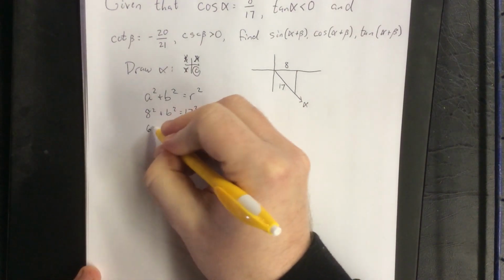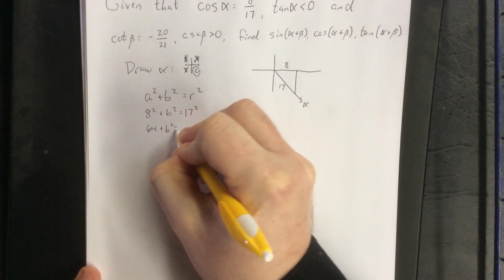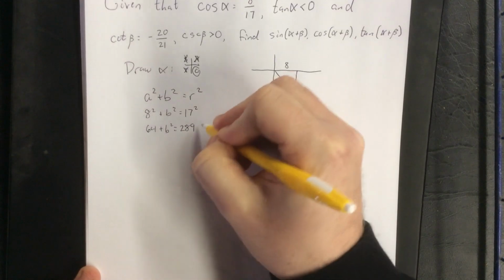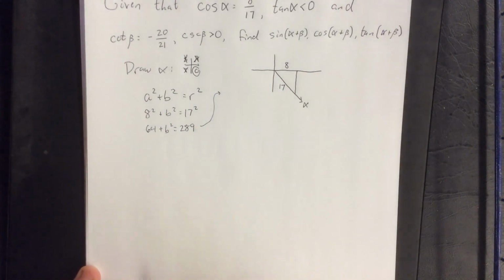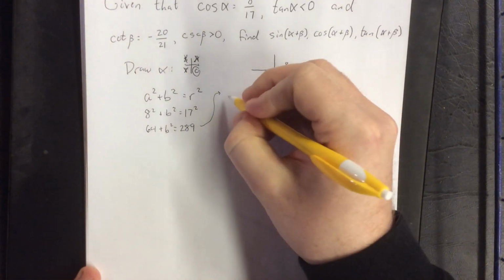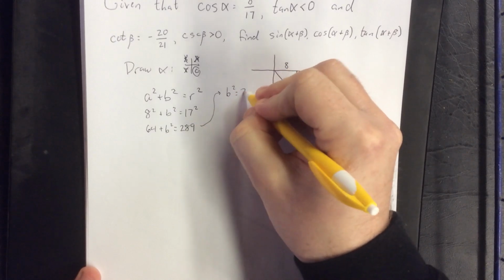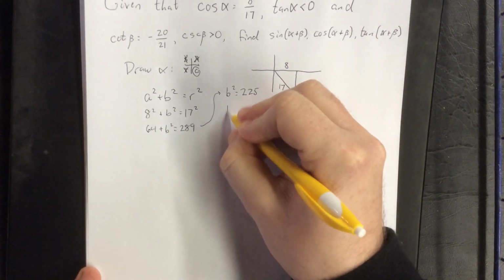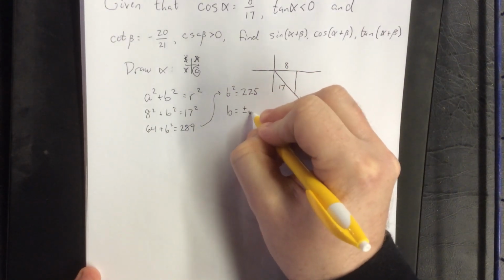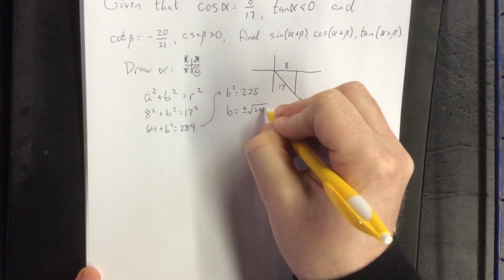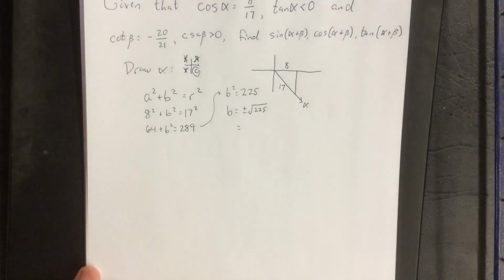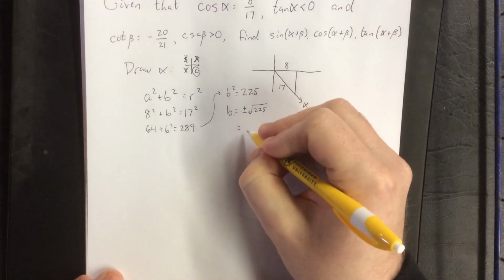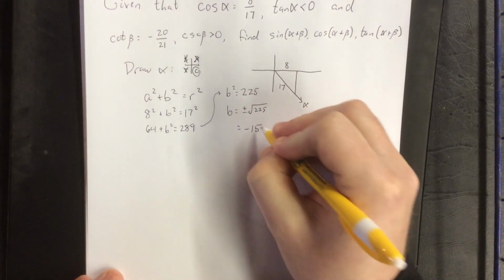Simplifying these numbers, we get 64 plus b squared is equal to 289. Please feel free to use a calculator to help you out. Subtract 64 from both sides, we get that b squared is equal to 225, letting us know that b is equal to plus or minus the square root of 225, which happens to simplify completely, as 225 is a perfect square. That will be negative 15.